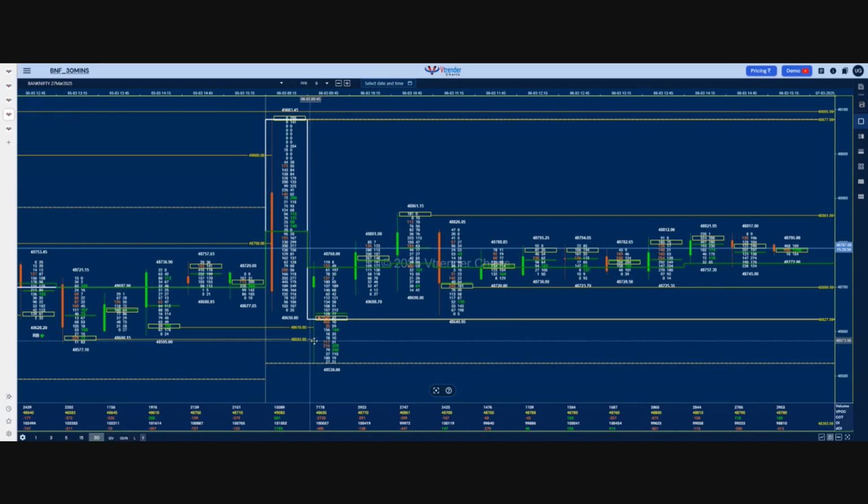So after this, Bank Nifty did nothing but remained in a narrow range all through the day, and it was surprising because Nifty was moving, was giving good moves, whereas Bank Nifty was least interested. In fact, it kept on coiling into the day and closed right at that POC.